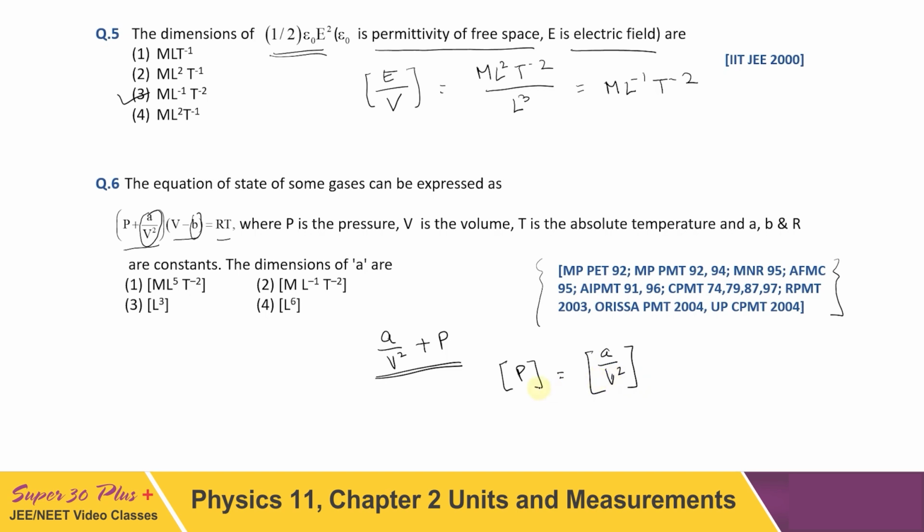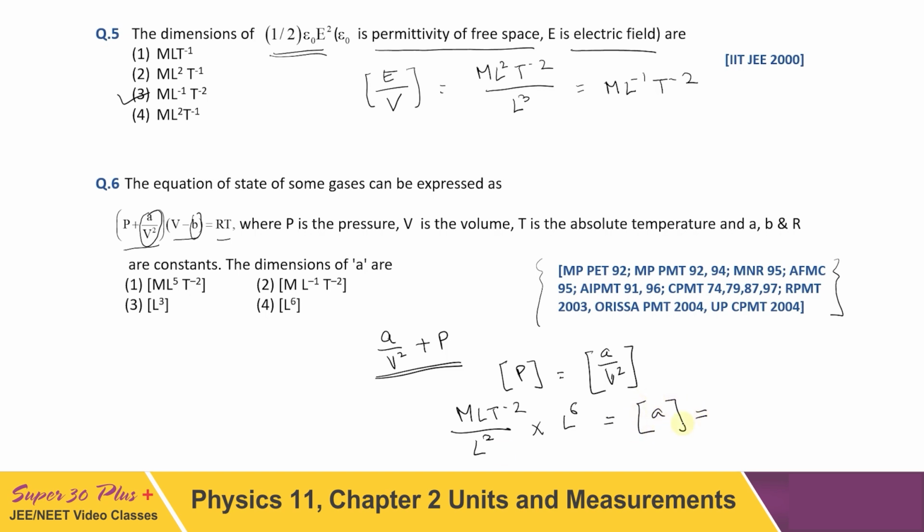Now we know the dimension of P, that is pressure. Pressure is force upon area. Force is MLT^-2 upon area, that is L^2. If we multiply with the dimension of V^2, that would be L^6. So this will give you the dimension of A.